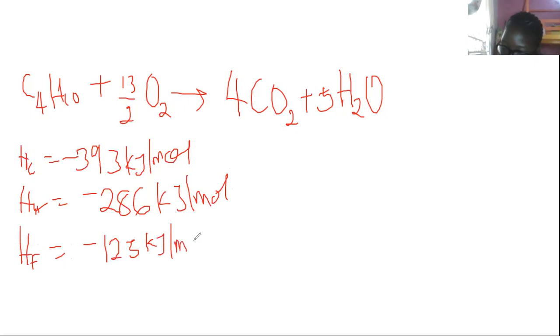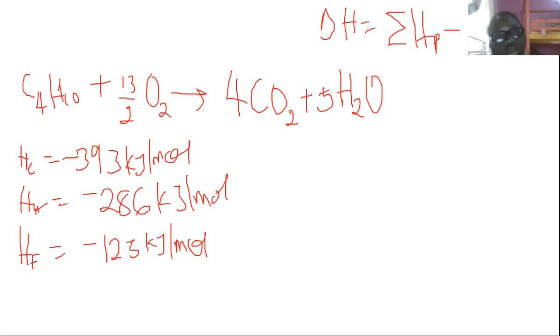Now, one of the things we know is that the delta H, irrespective of whether it's an endothermic or exothermic reaction, is still the same formula: sigma HP minus sigma HR. Let me explain this so that you know what to do from here.